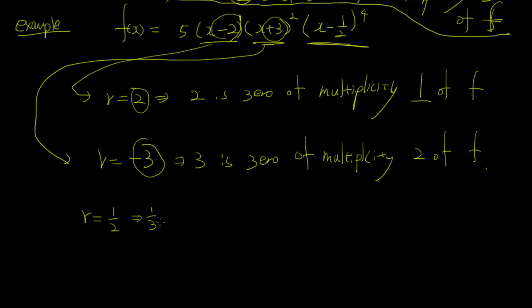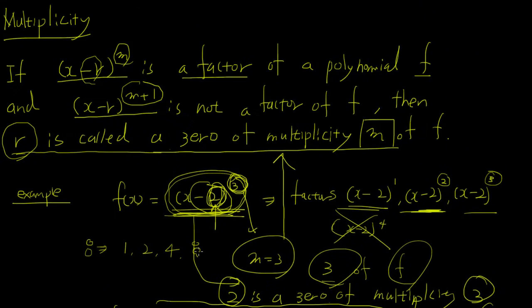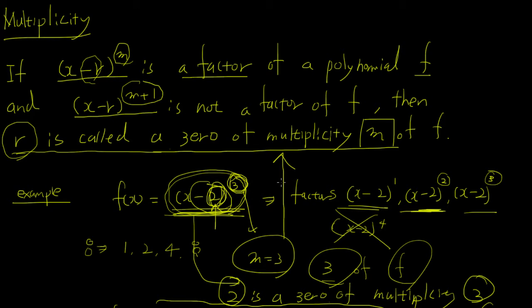So 1/2 is a zero of multiplicity 4 of this function f. So we talked about the multiplicities and the zeros based on this definition.